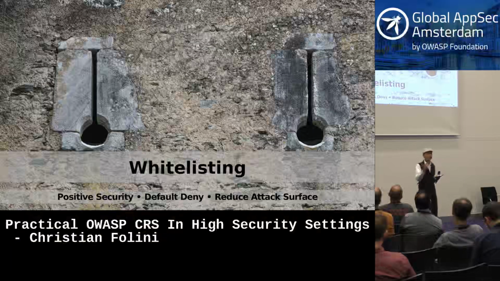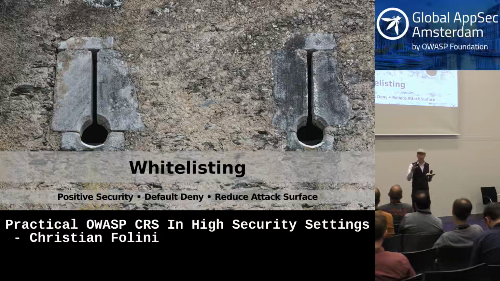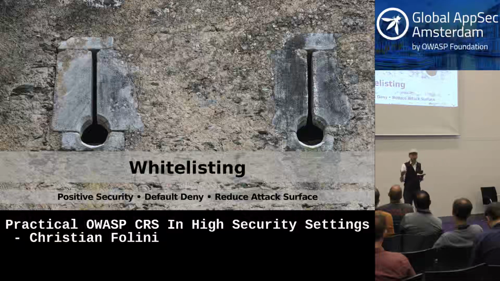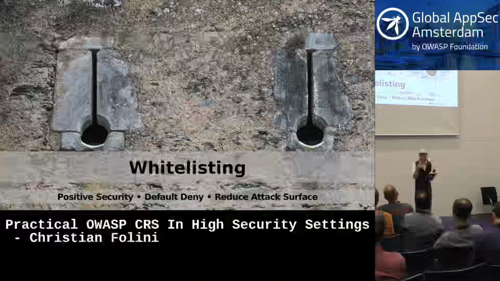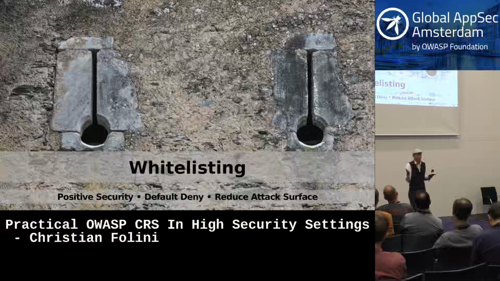Imagine an application where you have registered users, B2B sites, and for the non-authenticated user, you're only giving them the front page, the welcome page, and the login form. Now, how difficult can it be to whitelist a welcome page and a login form? It's bloody simple. It's one POST request and a couple of GET requests.